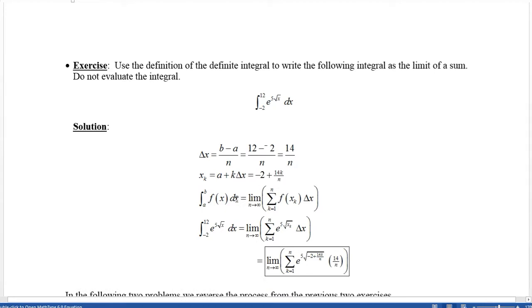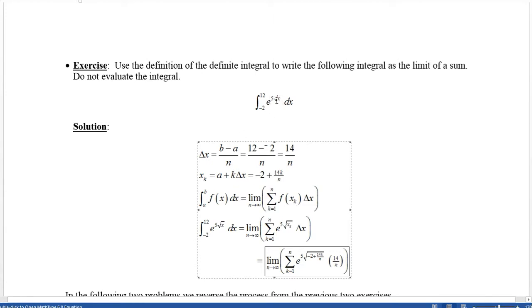Okay, continuing on. In general, the definition says the integral from a to b of f of x dx is defined to be the limit as n goes to infinity of the sum from k equals 1 to n of f of x sub k delta x. Rewriting that as a sum, substituting in now, f of x sub k is e to the 5 square root of x.